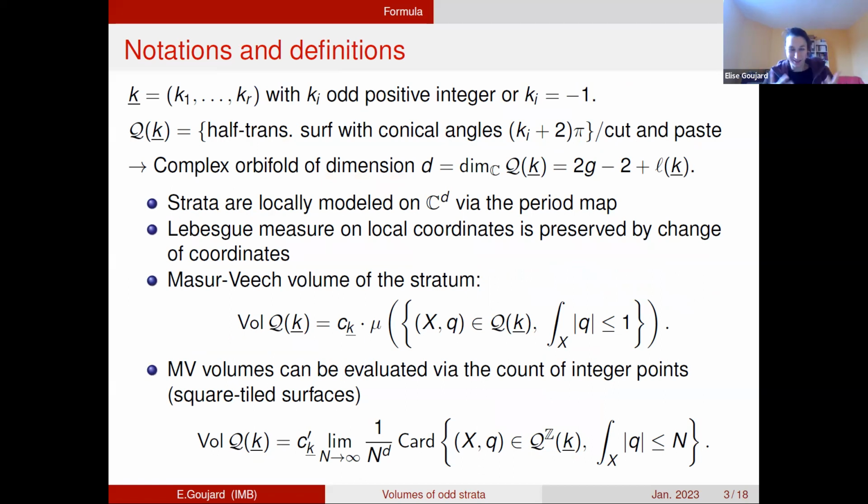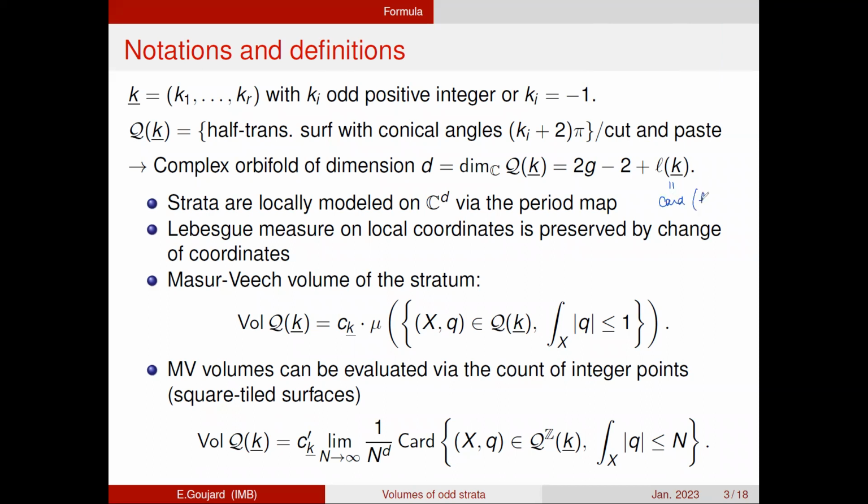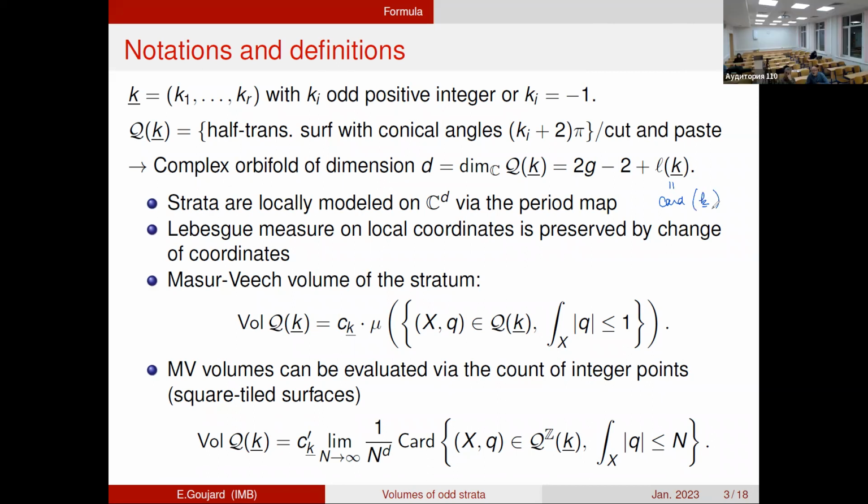Okay, so let me say it slowly. All right, I missed what is L of K in the formula. It is 2g minus 2 plus L of K. L of K is the number of singularities. Ah, the number of singularities. Thank you. K is this set of singularity orders?